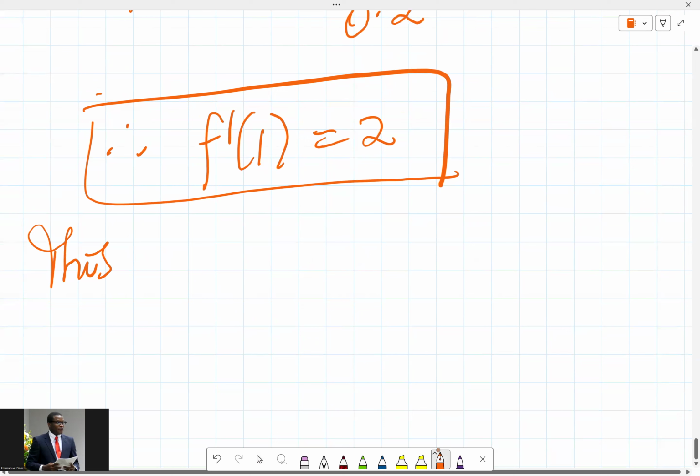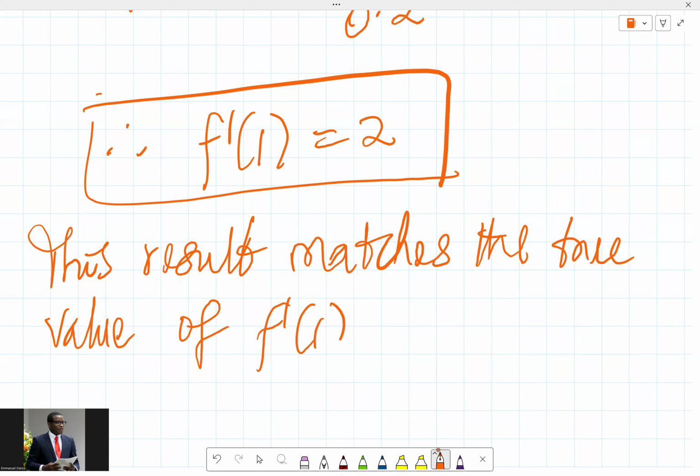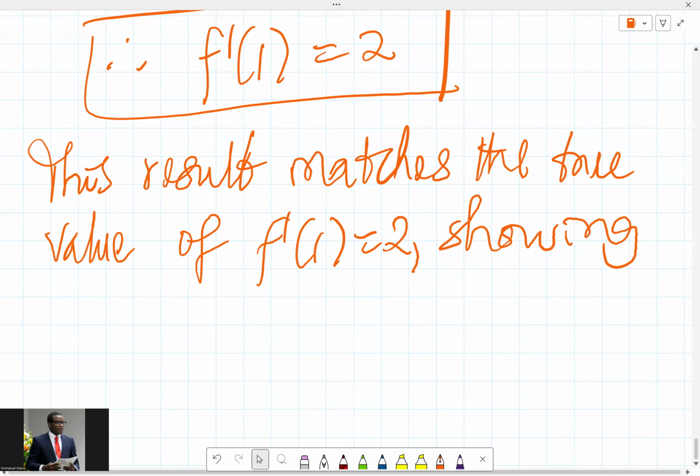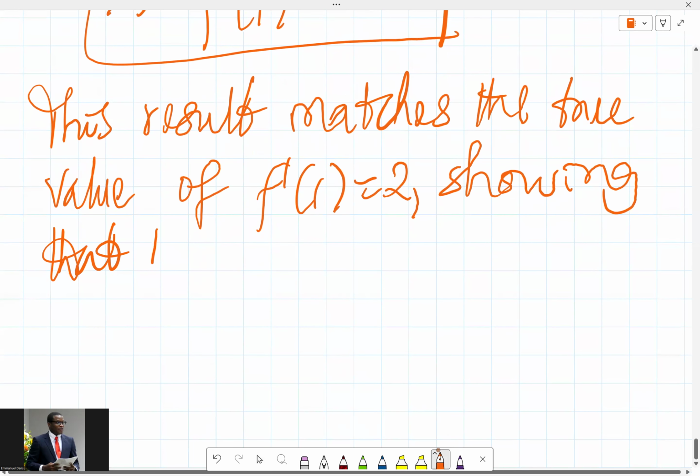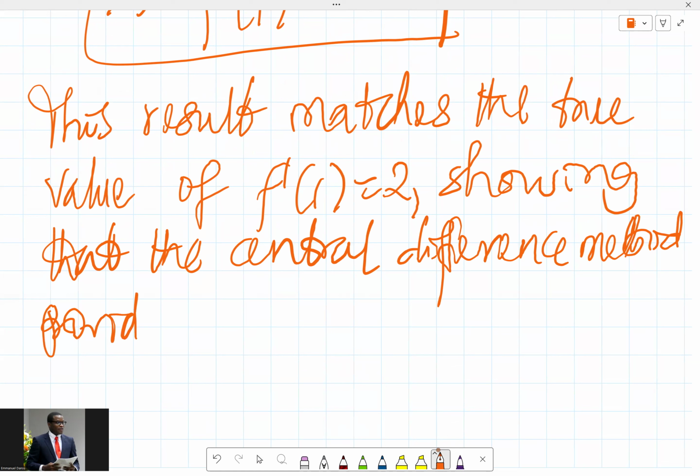So we can say that this result matches the true value of f prime of 1, which is actually equal to 2, showing that the central difference method provides a more accurate estimate.